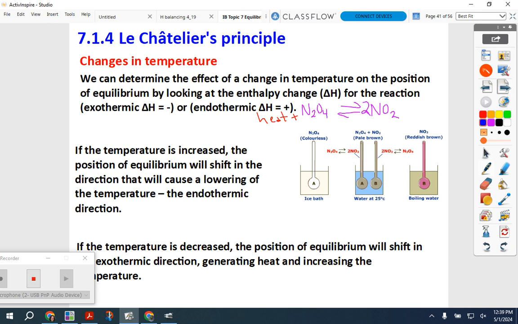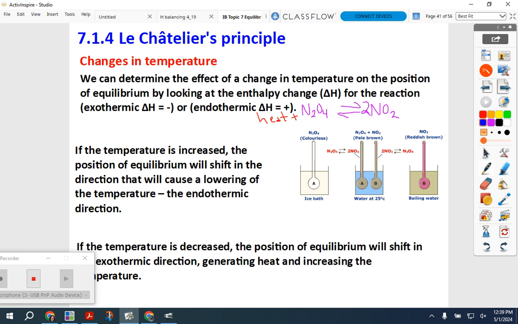Okay? So if I add more N2O4, then I'm going to drive the reaction to the right. If I add more heat, I'm also going to drive the reaction to the right because the system is going to respond by trying to lower the heat. It's going to lower the heat by using some of that heat to make the NO2. Okay?